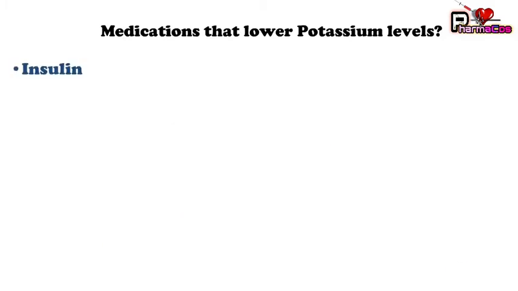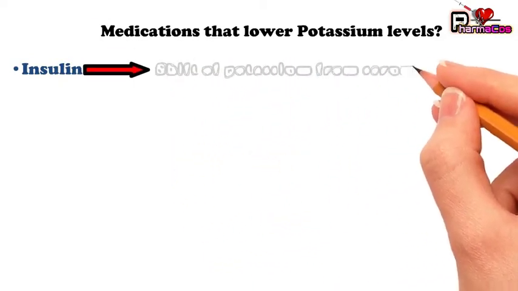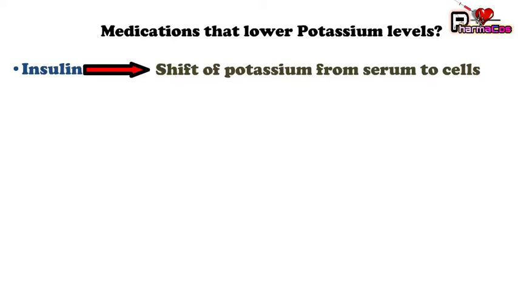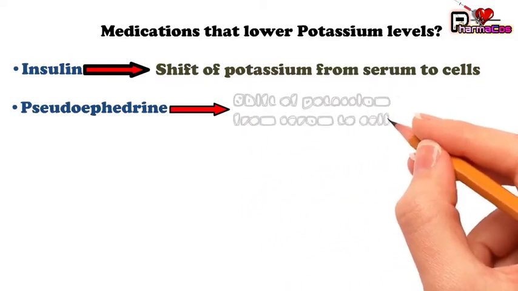Insulin. At high doses, insulin may lower potassium levels in the body by shifting potassium from your bloodstream into your cells. Next one is pseudoephedrine, which is available over the counter as a decongestant. It also pushes potassium out of your bloodstream and into your cells.